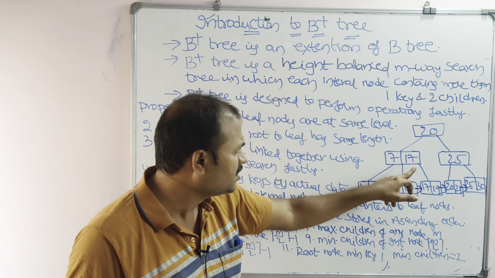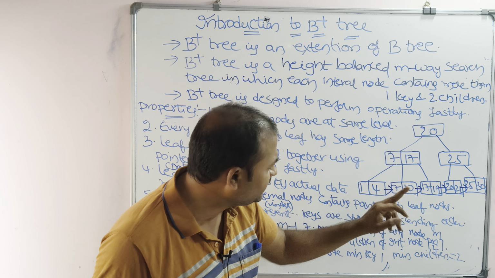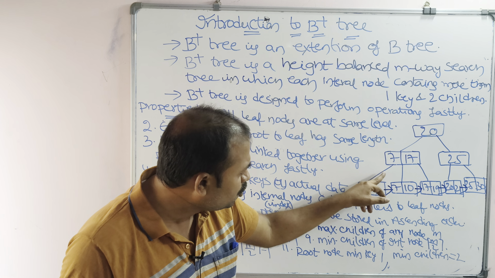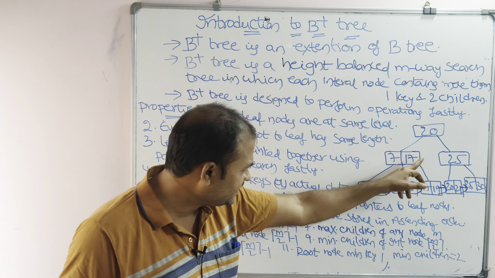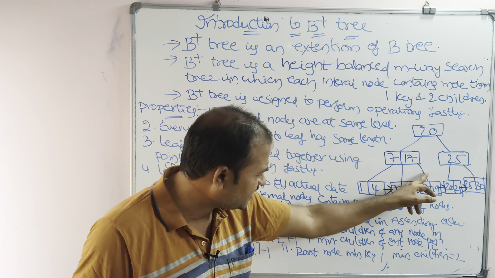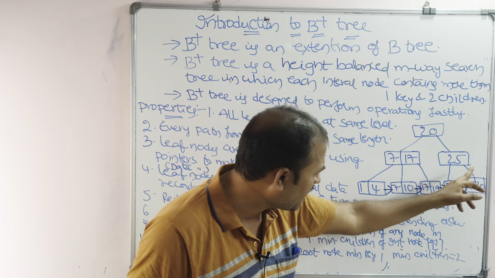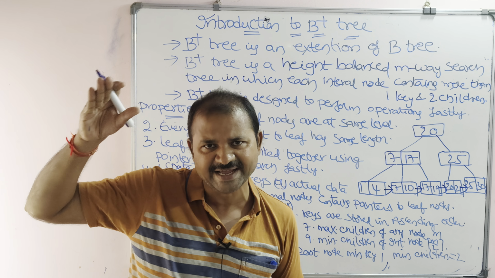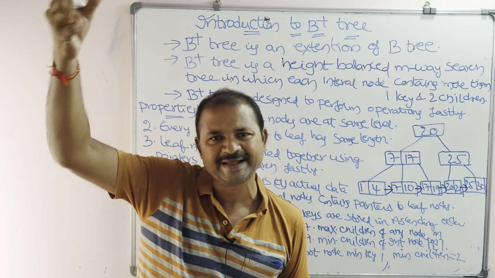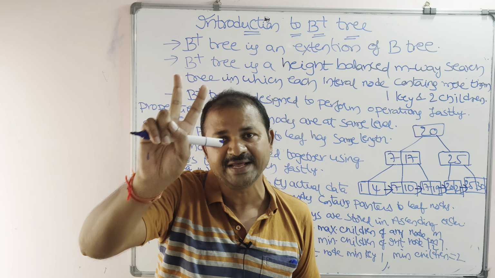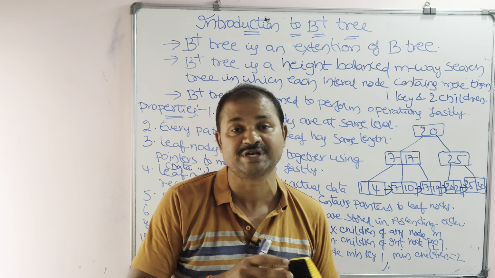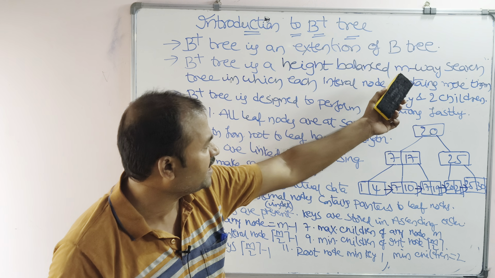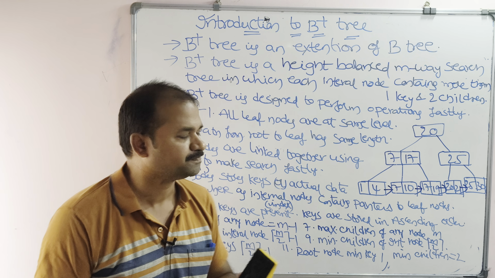Generally each node may contain more than one key, and more than two children. If we take this node, here we have three children. If we take this node, we have two children. So if we take AVL tree or binary search tree, we have only a maximum of two children, but here we have more than two children. So that's why it is called an M-way search tree.